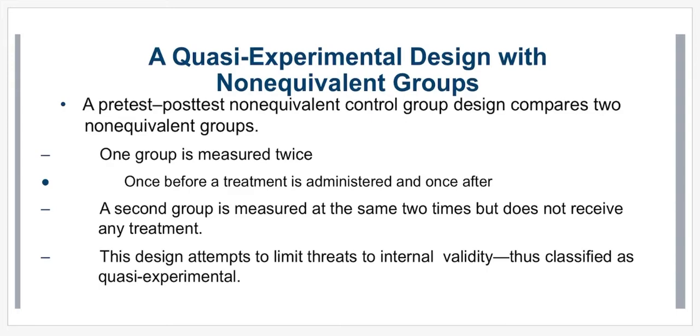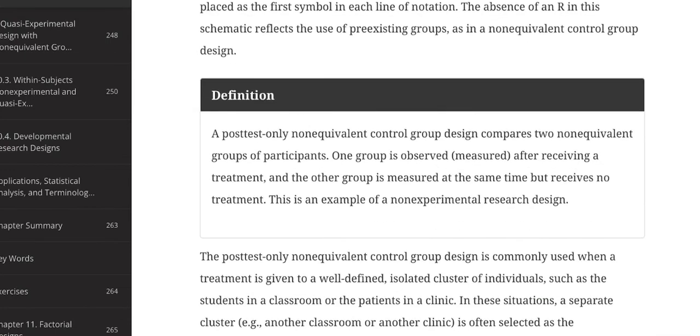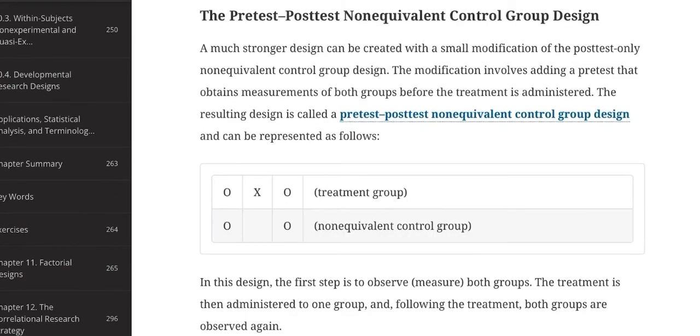And so you can modify, and this is where we're going into a quasi-experimental design, because they're adding a pretest beforehand. So that was this picture that I showed you a second ago, right here. So you can see there's a pretest where they're observed or measured before. Then there's a treatment for one of the groups, and then both groups are measured or observed again for a post-test. So there's a pre-test, treatment, post-test, and then we can compare, just the way we did before.